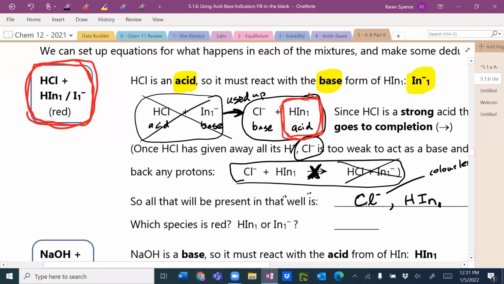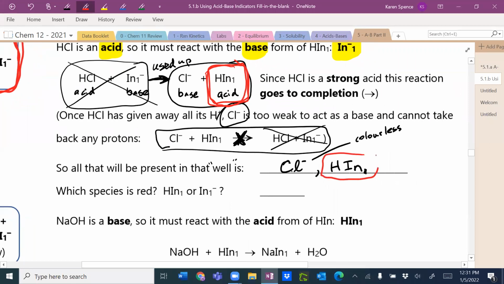All we have left is HIN1. So which species is red? It's the HIN1. Okay, and so that gives us the color of the indicator. So if you put hydrochloric acid with an indicator, the indicator will take on its acid form color.